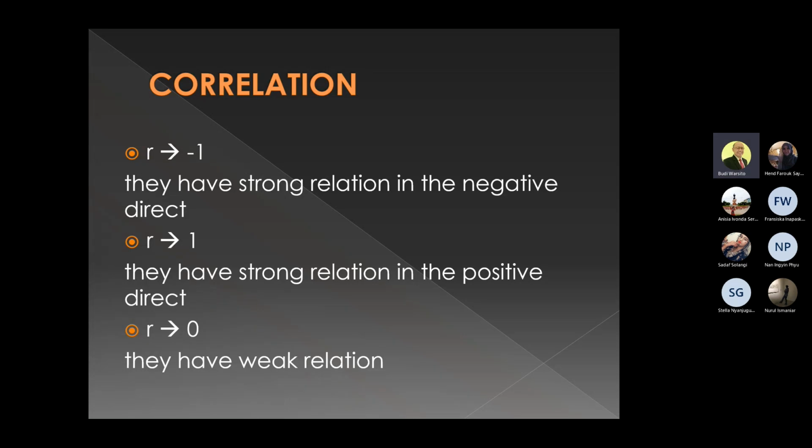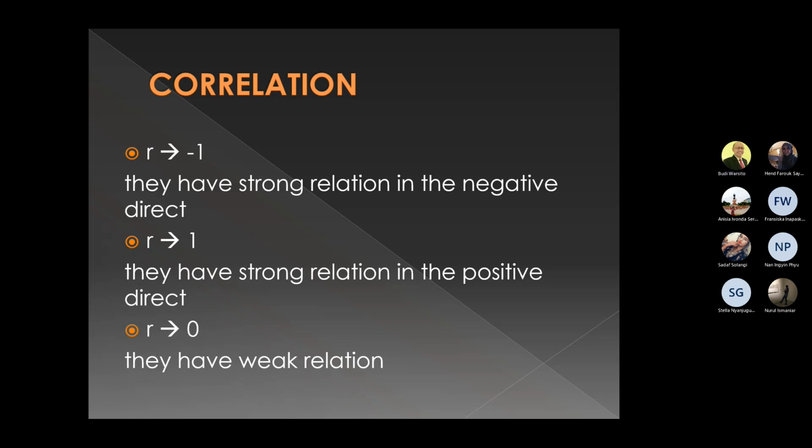When R is close to -1, it means that the two variables have a strong relationship in the negative direction. Okay, strong relationship. And then when the value of R is close to 1, it means that the two variables have a strong relationship in the positive direction.